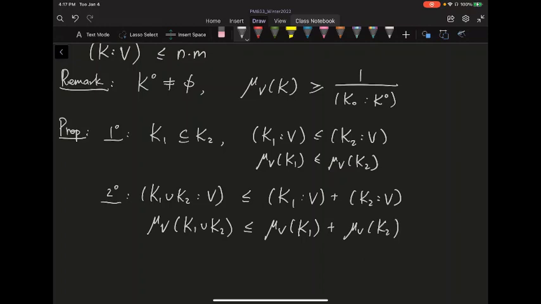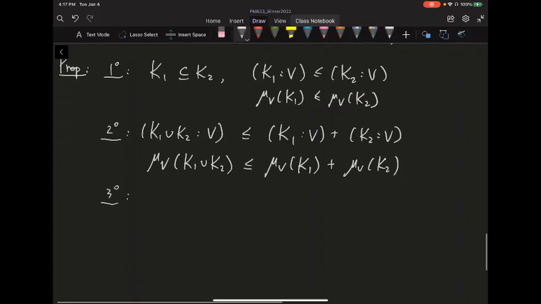So the union of two compacts satisfies mu v of k1 union k2 is less than or equal to mu v of k1 plus mu v of k2. And finally, I want to show that if you have two compact sets that are separated enough by this v, then it's actually going to be additive.